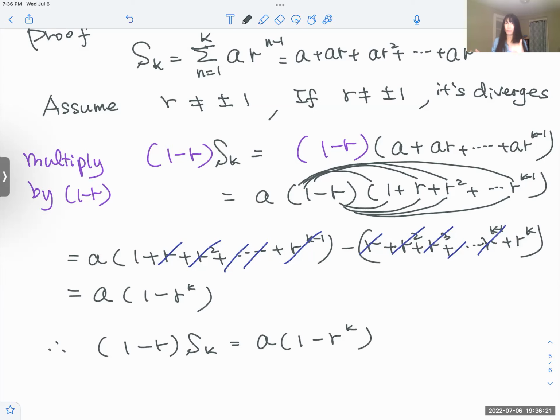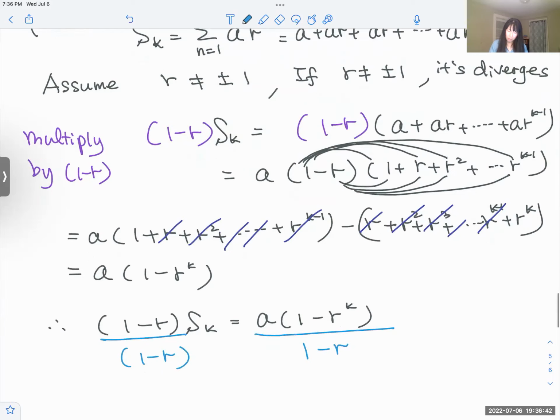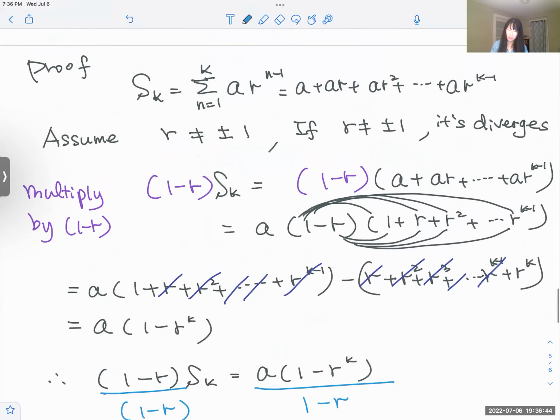Now we divide by 1 minus r on both sides. So that is very similar to this format.